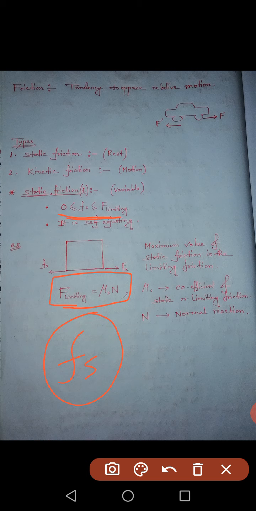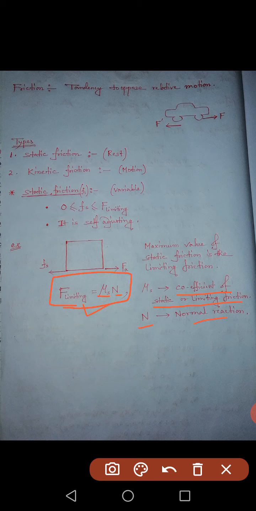But yes, limiting friction has a fixed formula, and that formula is this one: F limiting equals mu s into N. Mu s is a constant value. It depends on the type of surface on which the object is kept, and on different factors. So mu s is a constant. We call it the coefficient of static or limiting friction.